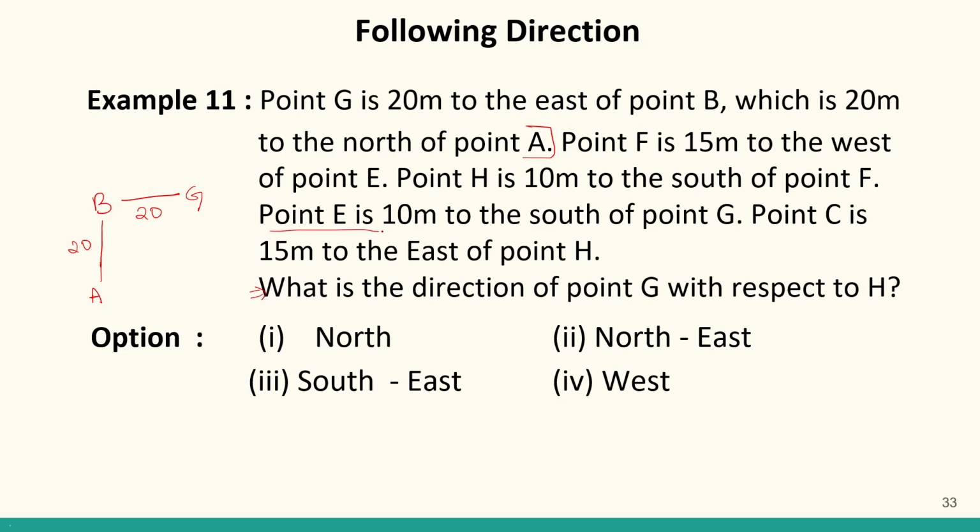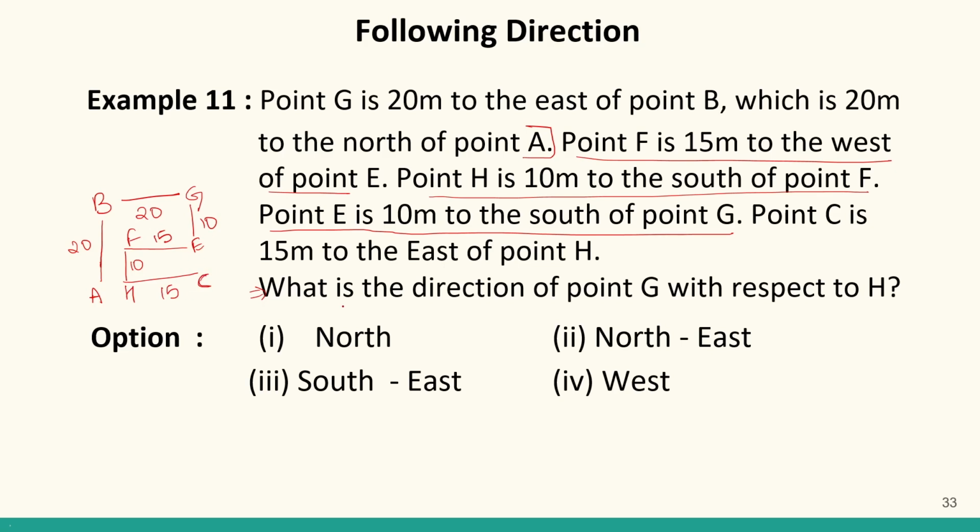Then E is 10 meter to the south of G. Right? F is 15 meter to the west of E. Point H is 10 meter to the south of A. And then from here we go back to 15 at point C. So this was given to us.